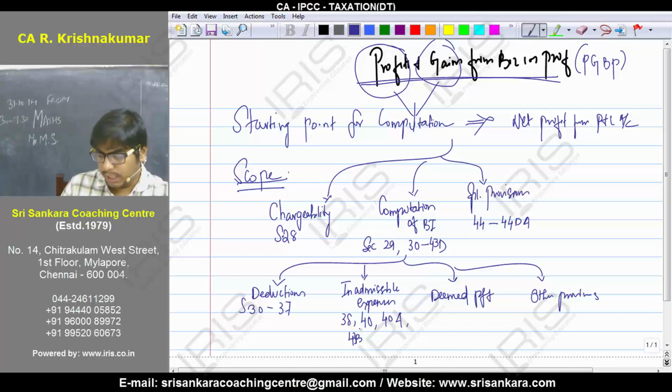Next, deemed profit is section 41. Other provisions you have are section 42, 43, 43CA, which is a new provision, 43C and 43D.